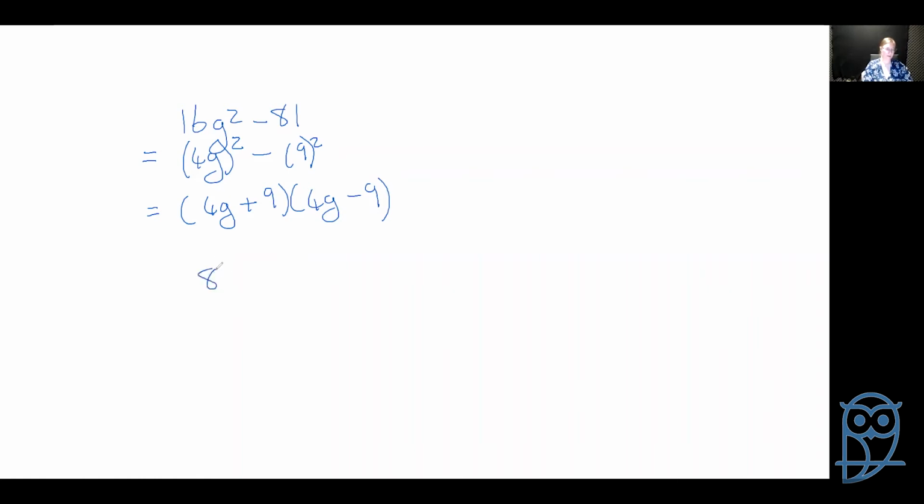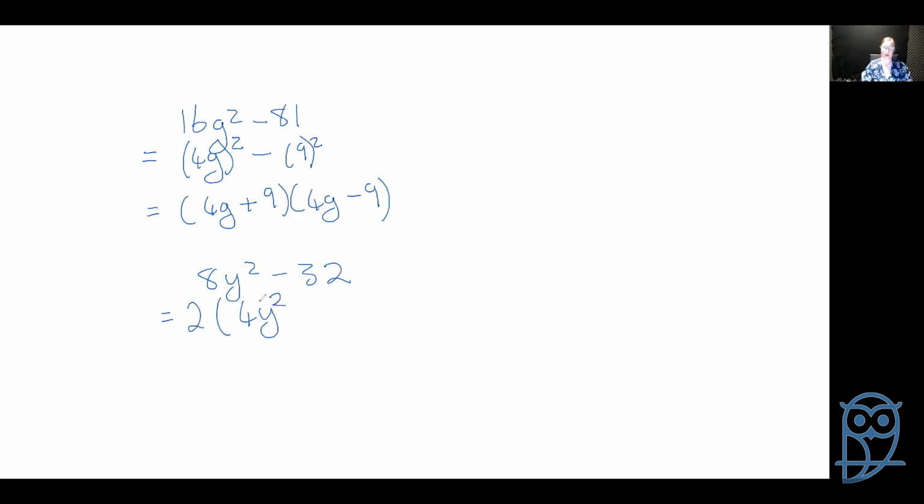Okay. Our last example, 8y squared minus 32. So here, this isn't a difference of squares, but this sort of looks like it could be a difference of squares. So we can take out something over here in order to get to a difference of squares. So we're first going to take out a common factor. If we take out 2, we are going to end up with 4y squared.